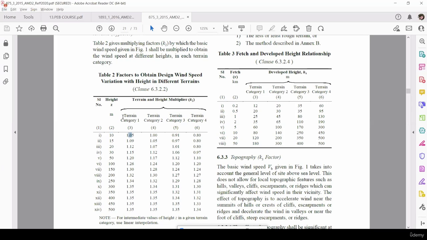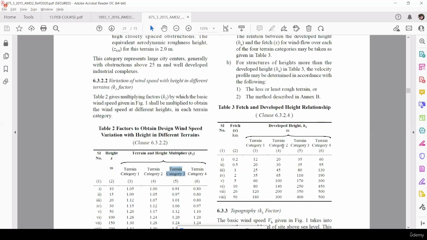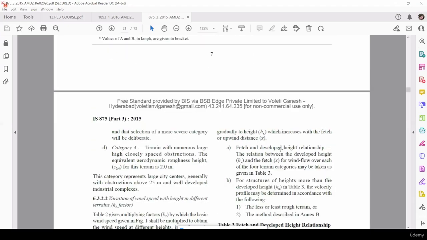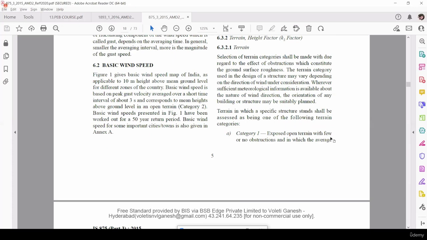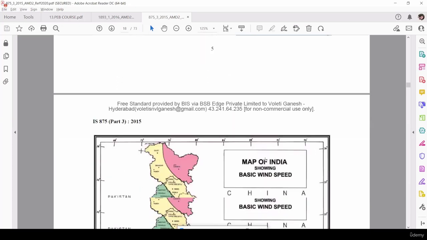So what is terrain category 1, 2, 3 and 4? Category 1 is exposed open terrain with few or no obstructions.